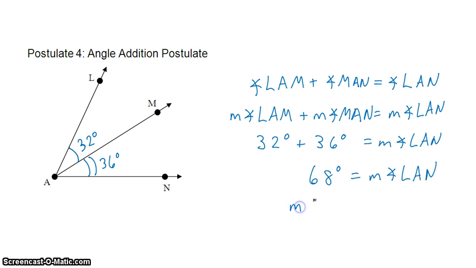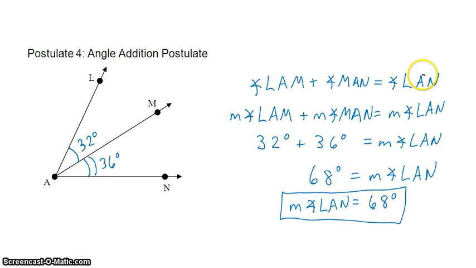So the measure of angle LAN is 68 degrees. Again, this seems like a lot of work, but it's a good introduction for you to see what a proof is going to look like.